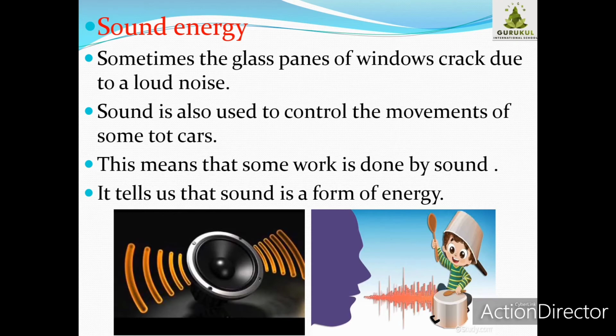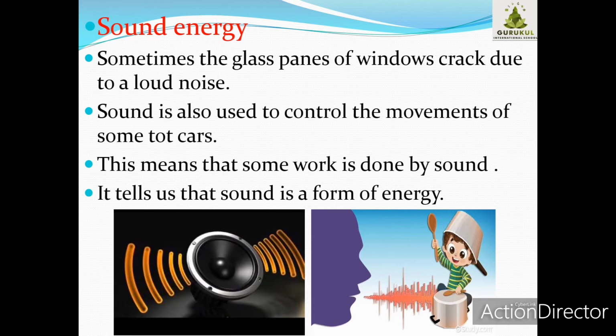Or else sometimes if you are in the neighborhood, a DJ system is going. As the DJ sounds are having very loud music going, if you are staying nearby, you can feel the vibrations in your house. If there is anything placed on a table, you can see it is vibrating. So why does it happen? Because of the sound energy. So sometimes the glass panes of windows crack due to the loud noise.